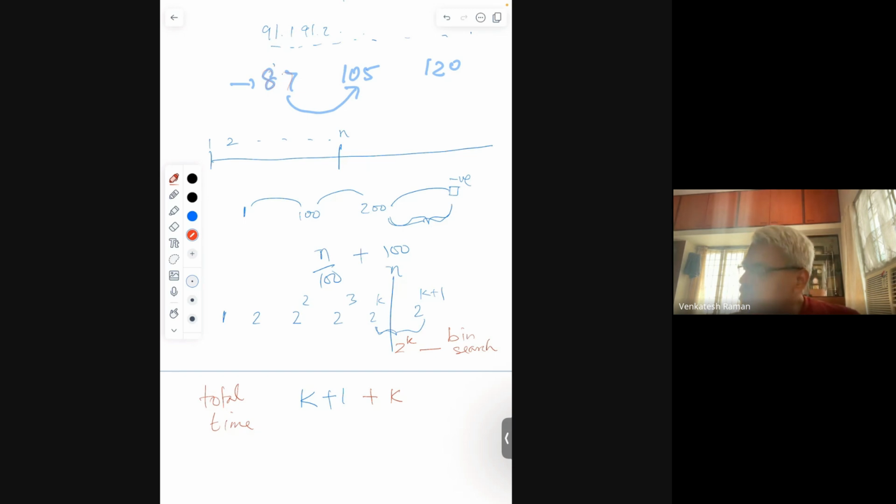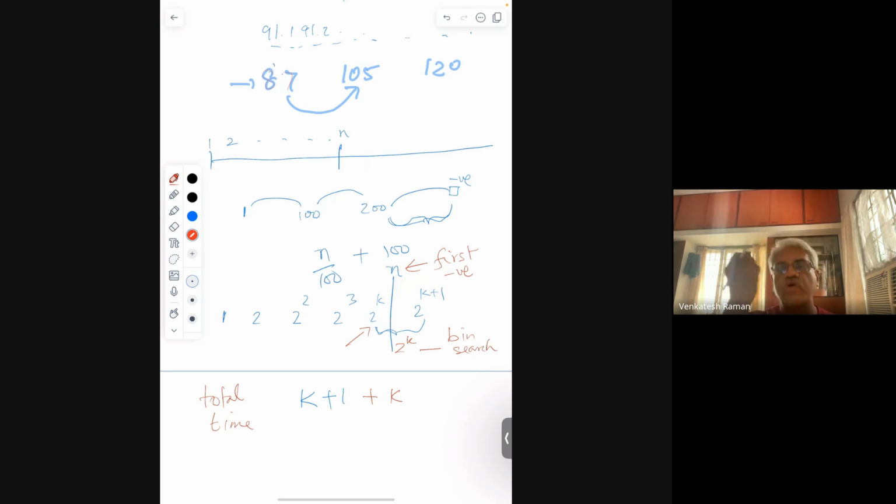Remember, n is the first location where there is a negative. Let's say first negative or the last positive, doesn't matter. This is the first negative number. Suppose n is between 2 power k and 2 power k plus 1.